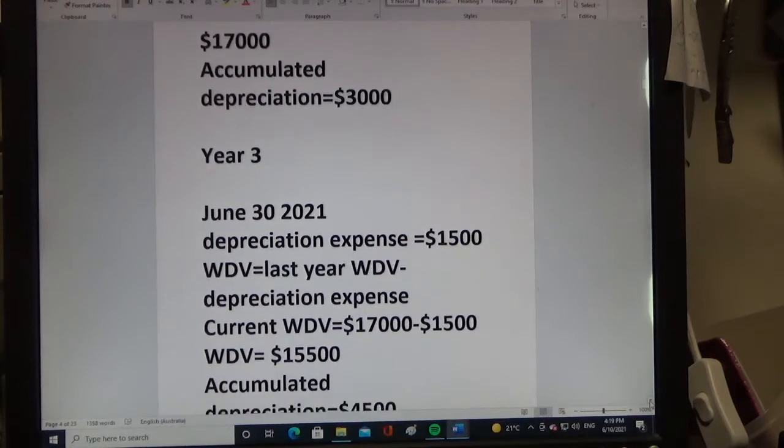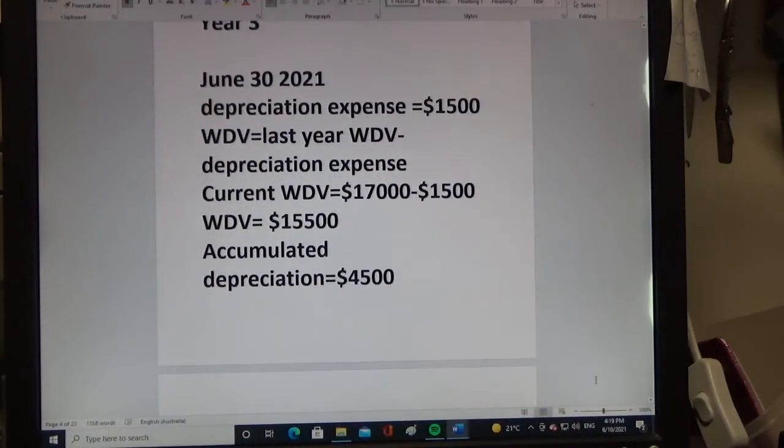Now back to this, in year 3, the depreciation expense is still 1,500. It's a set amount, and the new written down value is last year's written down value from year 2 minus the depreciation expense, which is 1,500.